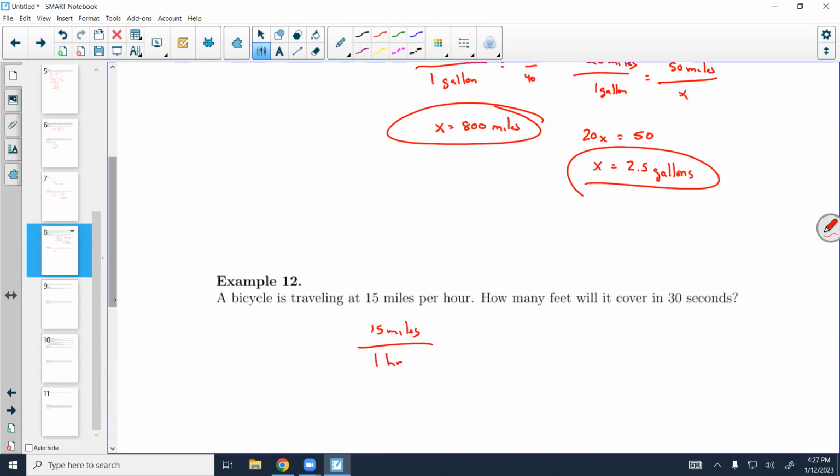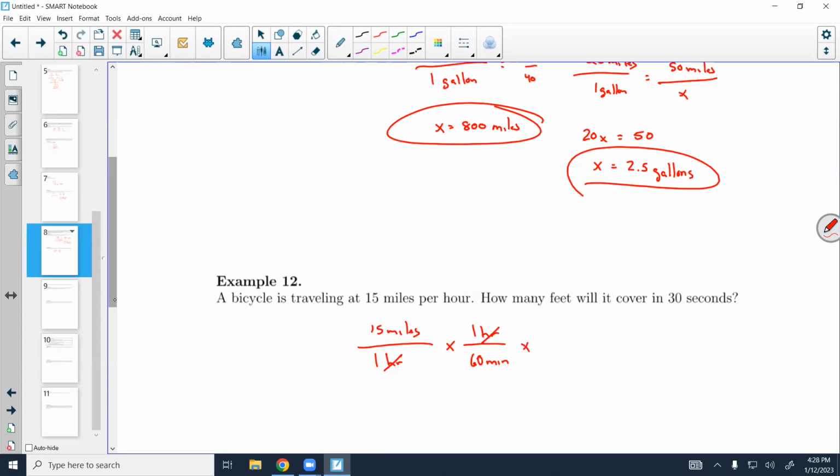All right. So if I multiply this by 1 hour as 60 minutes, what this does is now I'm looking at miles per minute because the 2 hours cancel out, but I want seconds.